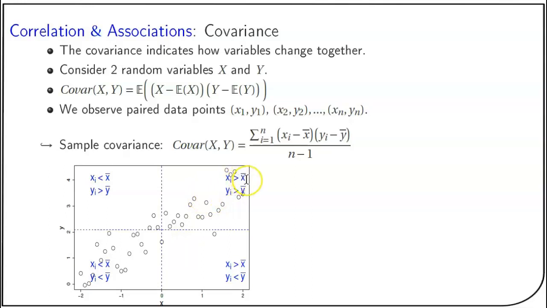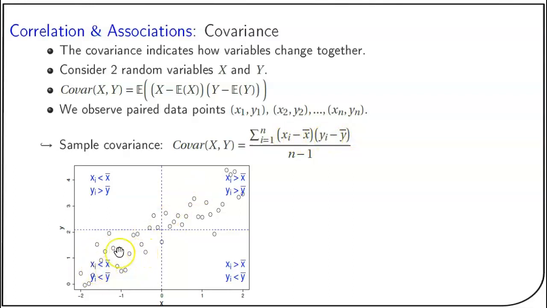As a result, in these regions, xi minus x bar shown here is positive, and yi minus y bar shown here is positive. So this product is positive, right? The product of two positive numbers is positive.